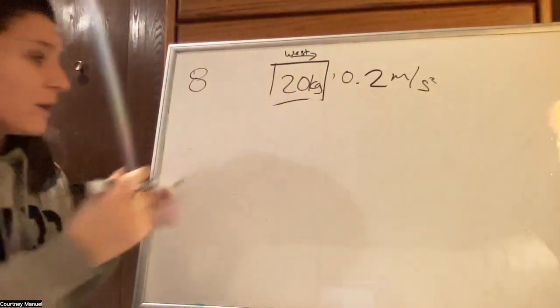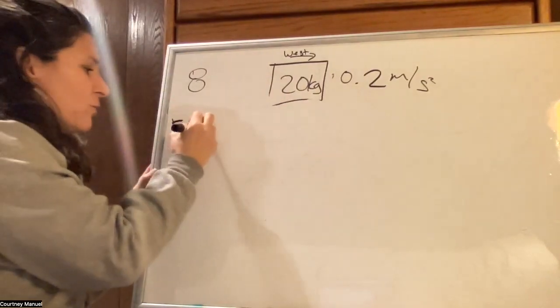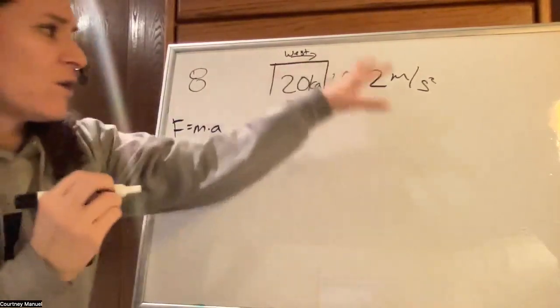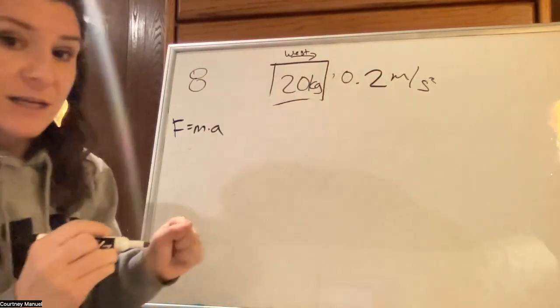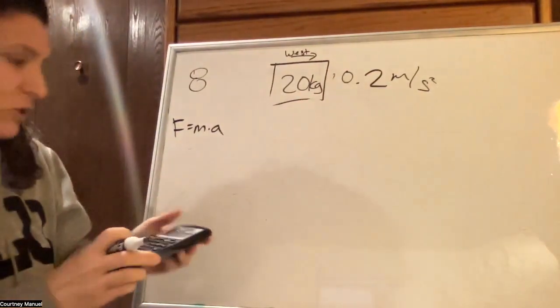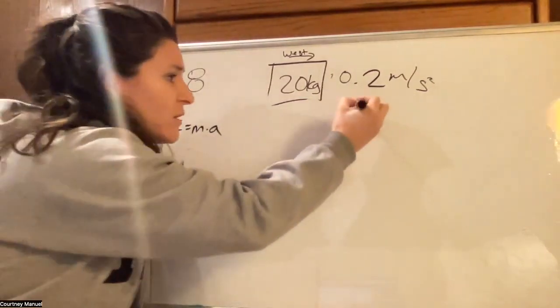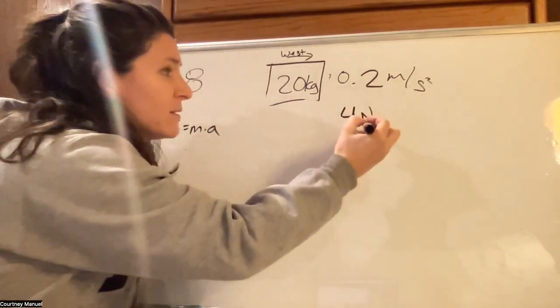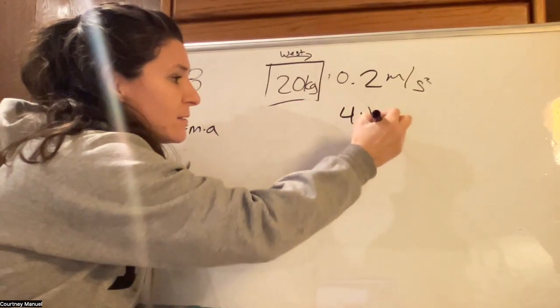So we're going to multiply those because we have force equals mass times acceleration. We want to know how much force is happening here. So we've got 20 times 0.2, which gives us 4 newtons west.